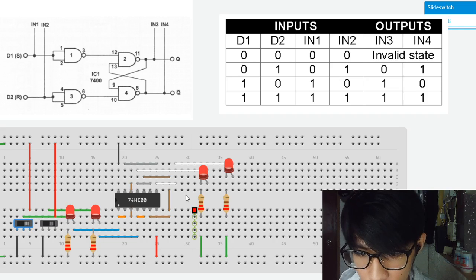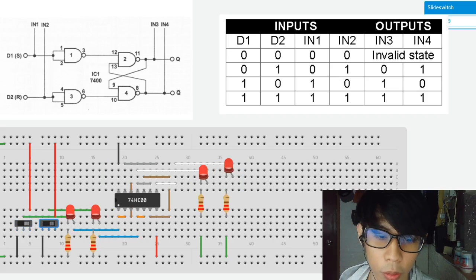It became logic level 1 because of our last state. Our last state here is 1 0. If we put 1, it will stay at 1 1.